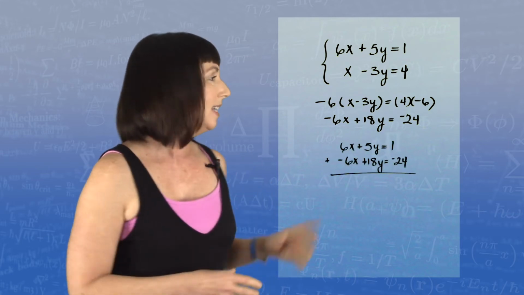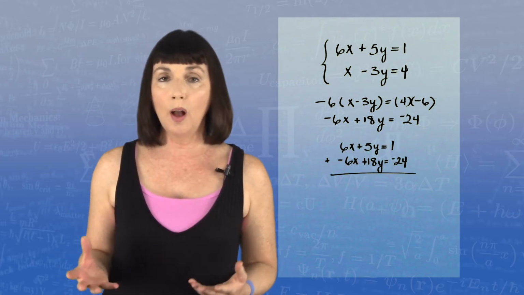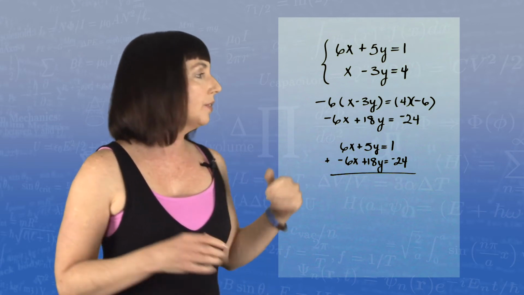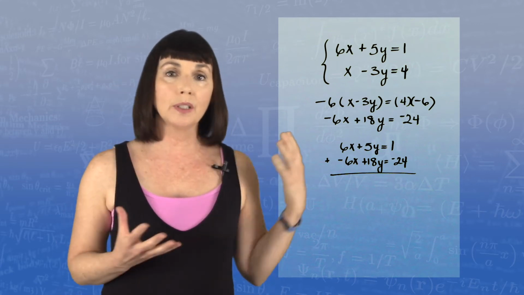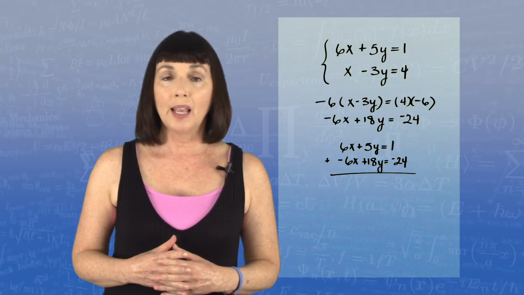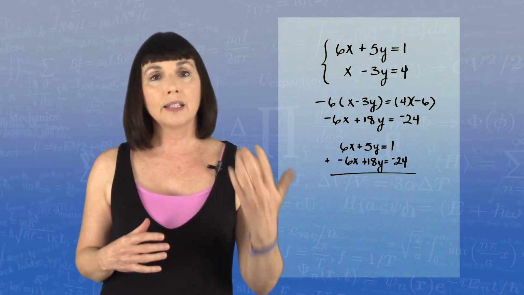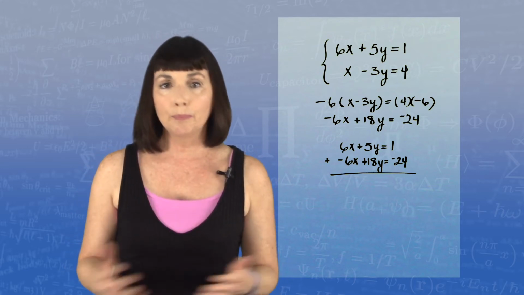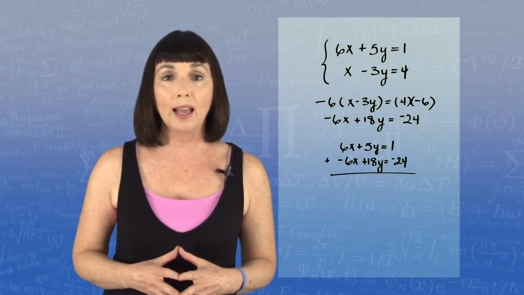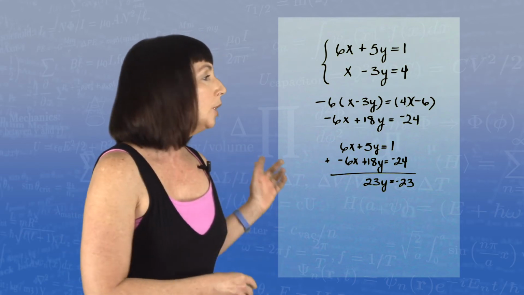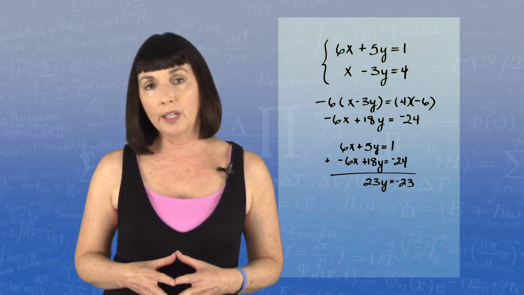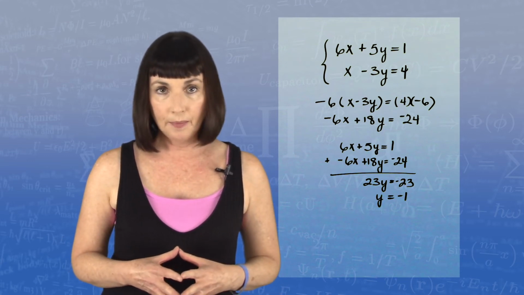So I get 6x plus 5y equals 1 plus negative 6x plus 18y equals negative 24. Now, when I add those together, the 6x and the minus 6x become 0, and the x goes away. And I'm left with 23y equals negative 23, or y equals negative 1.